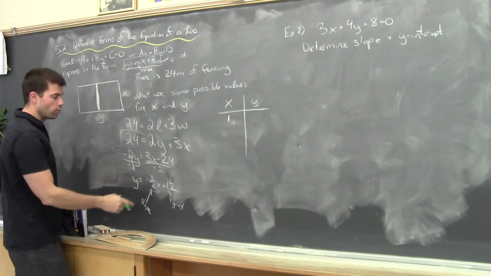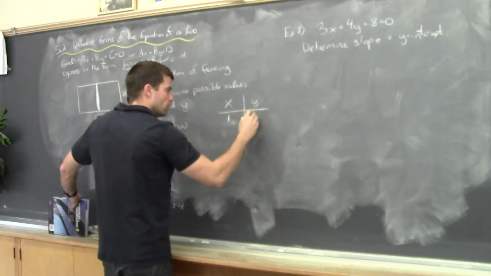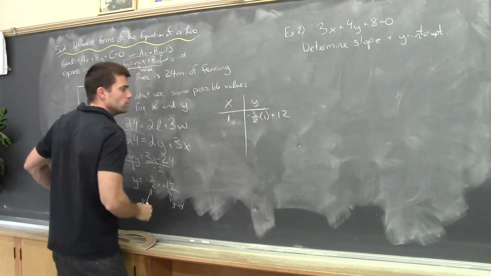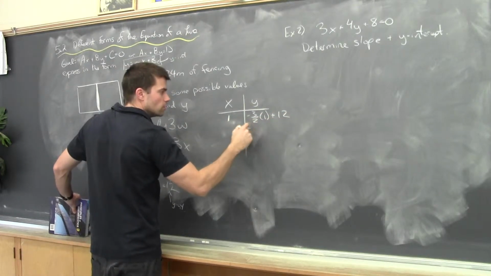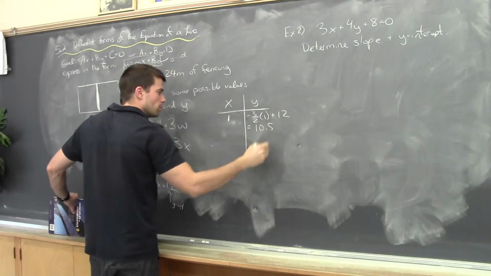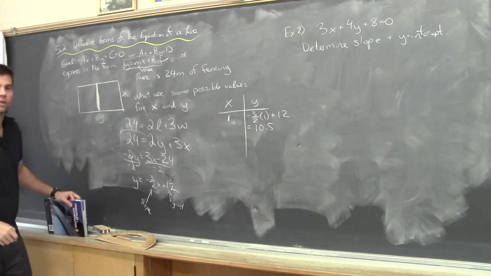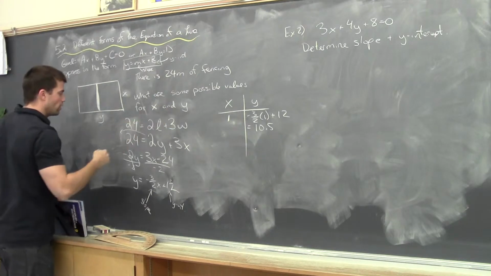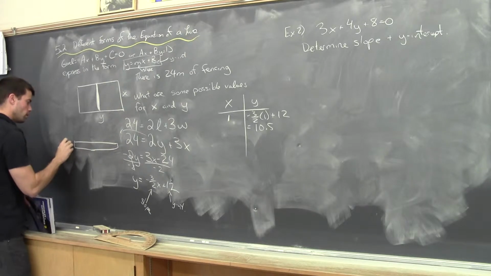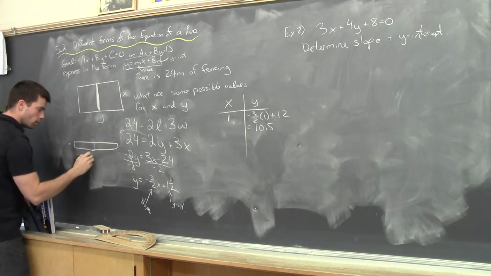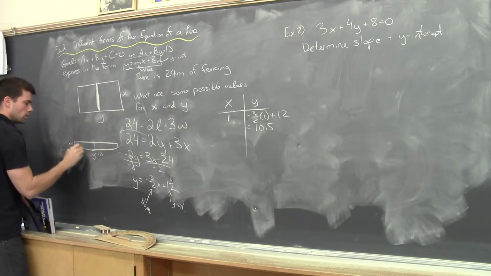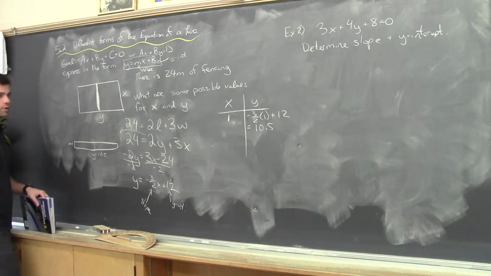If we go with 1, then we get negative 3 over 2 times 1 plus 12. That's equal to negative 1.5 plus 12, so we have 10.5 as our Y value. So there's one possibility: our width would be 1 and our Y value would be 10.5.